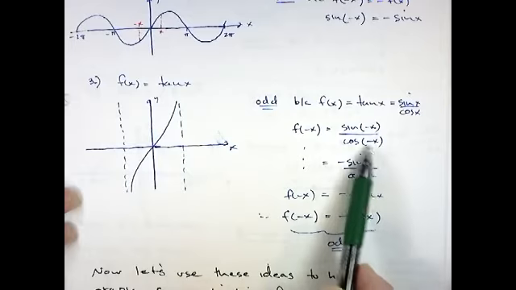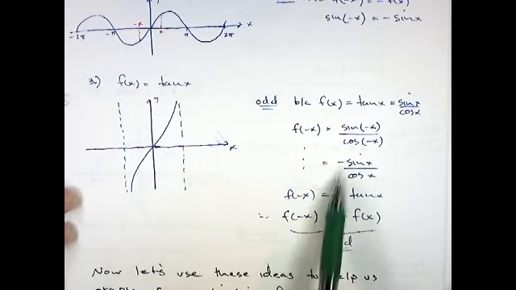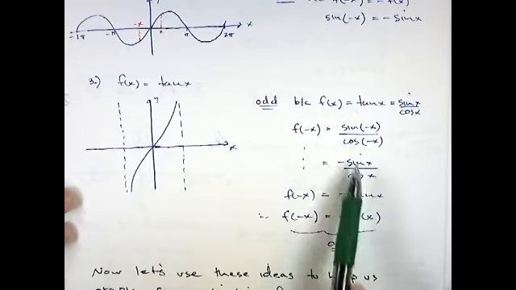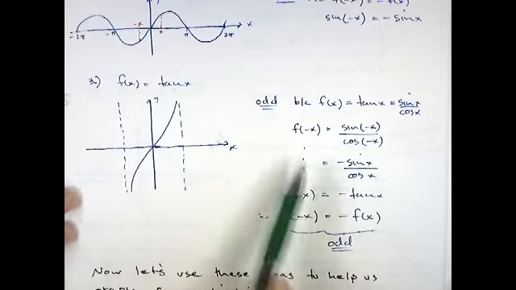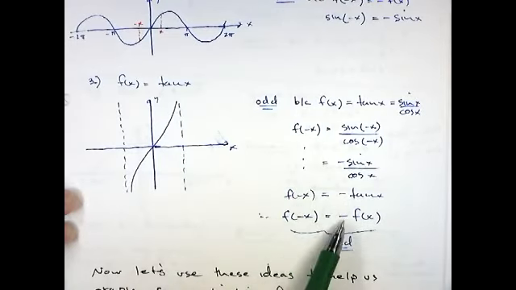Cosine's an even function. The cosine of negative x is the same as the cosine of positive x. So if I then take this one negative and put it out front and rewrite this as tangent, what have we shown? We've shown that f of negative x is the negative of f of positive x, right? You're going to get the negative of tangent of x.